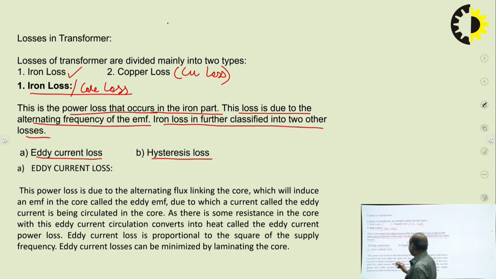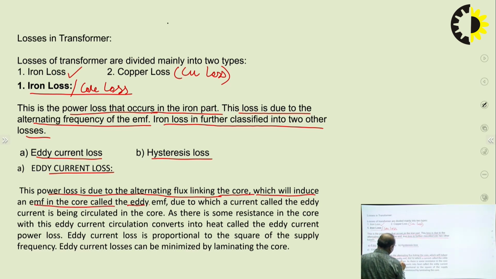First, if we discuss eddy current loss, what is this? This is the power loss due to the alternating flux linking with the core of the transformer, and due to this alternating flux, an EMF will be induced in the core of the transformer, and that is known as eddy EMF. Due to this eddy EMF, a current is also induced, known as eddy current, and this eddy current is circulating in the core.